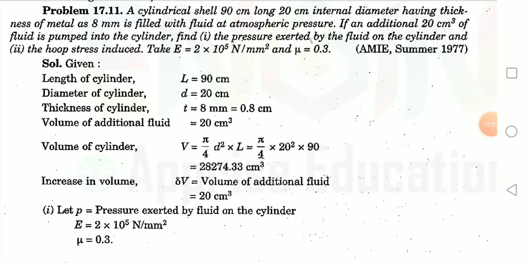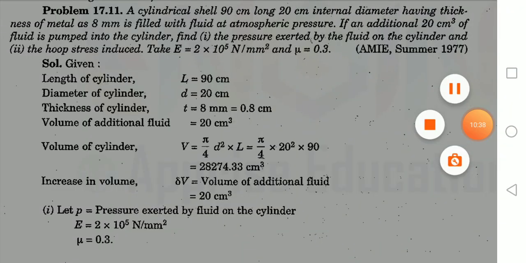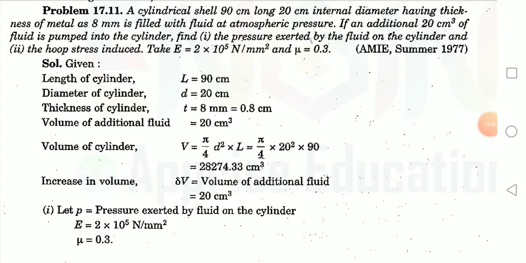So the next problem: a cylindrical shell 80 centimeter long, 20 centimeter internal diameter, having thickness of metal as 8 mm, is filled with fluid at atmospheric pressure. If an additional 20 centimeter cube of fluid is pumped into the cylinder, find the pressure exerted by the fluid on the cylinder and the hoop stress induced.